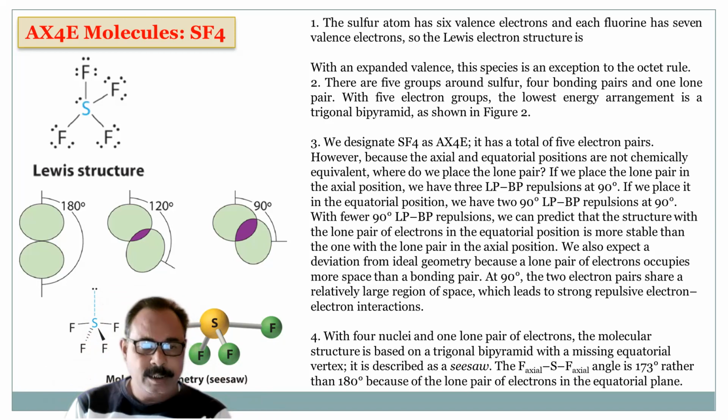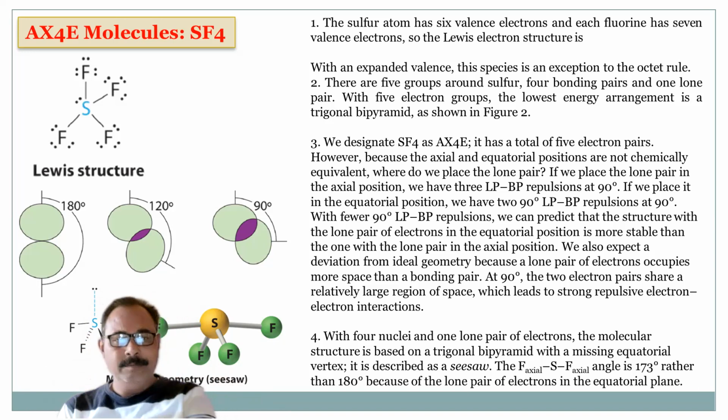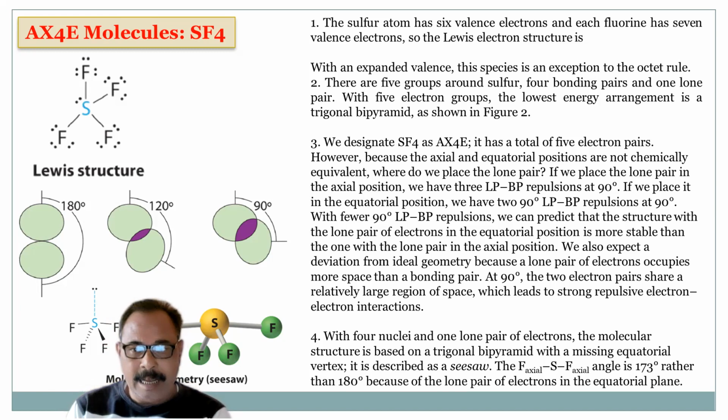So here you can see, first of all, the SF4 molecule has a Lewis structure. In that Lewis structure, the sulfur atom has 6 valence electrons and each fluorine has 7 valence electrons. So the Lewis electron structure, which is shown on your screen, has an expanded valence.